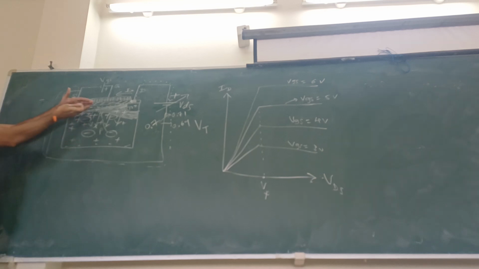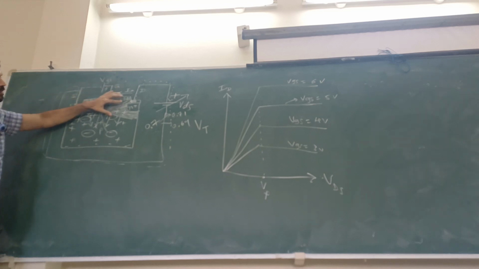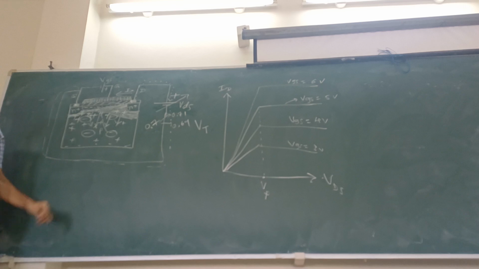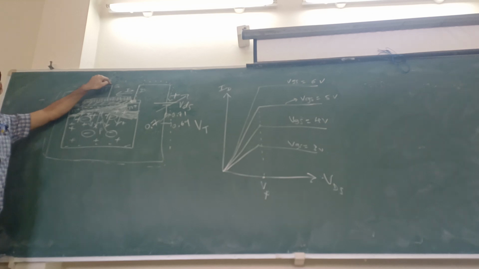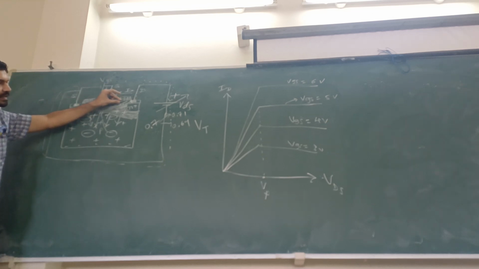Or the first option I mentioned, if I vary the thickness of this SiO2, the effect of this voltage will be altered. This voltage shows maximum effect when the oxide layer is thin.